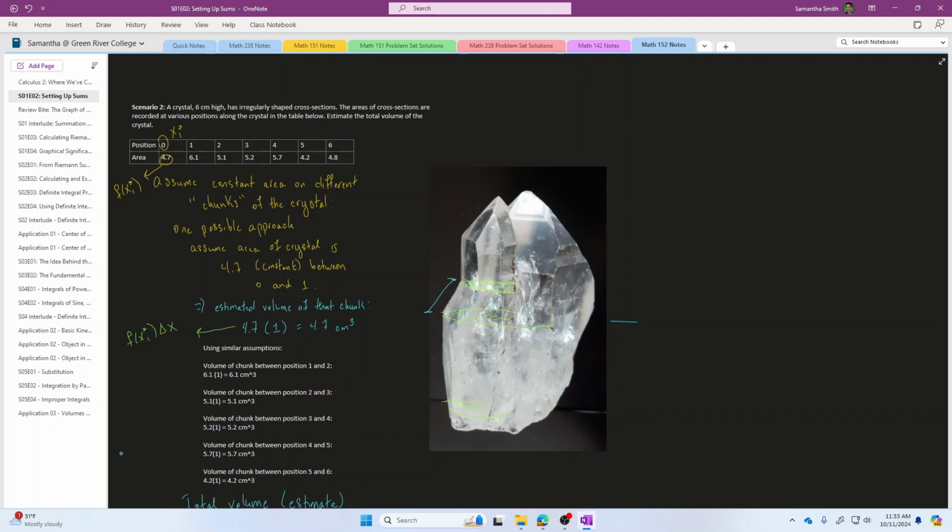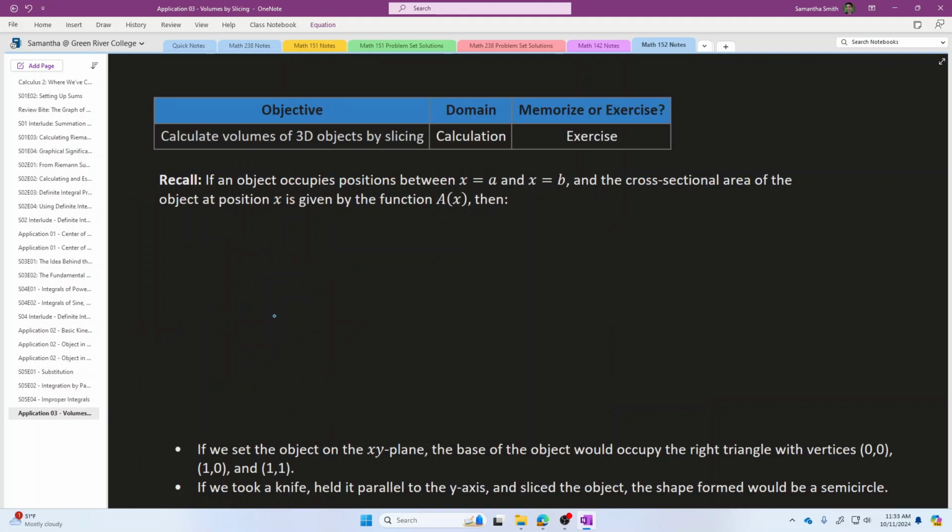And if we take that same idea and we take a ton of measurements with very little space between them, allowing delta x to approach zero, then that Riemann sum estimate for the volume becomes a perfect integral calculation of the volume. We have seen that the volume of the object can be found by simply integrating from the lowest x value to the highest x value the area function dx.